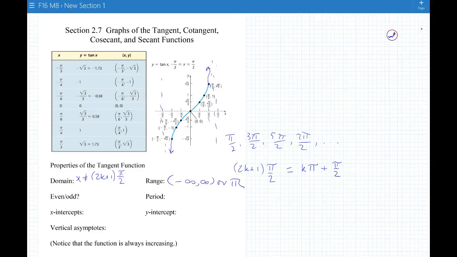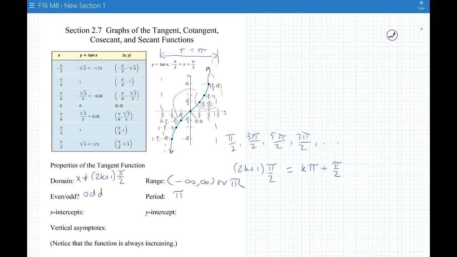So is it an even or an odd function? If you can take the quadrant 1 piece and rotate around into quadrant 3 and you have a match, that's an odd function. The period is pi, so every time it goes pi, which is the width, then it repeats.